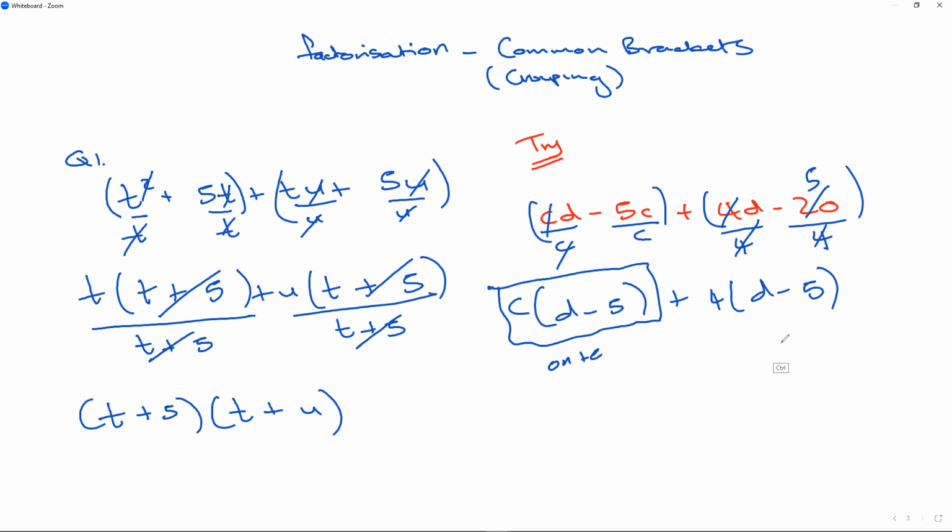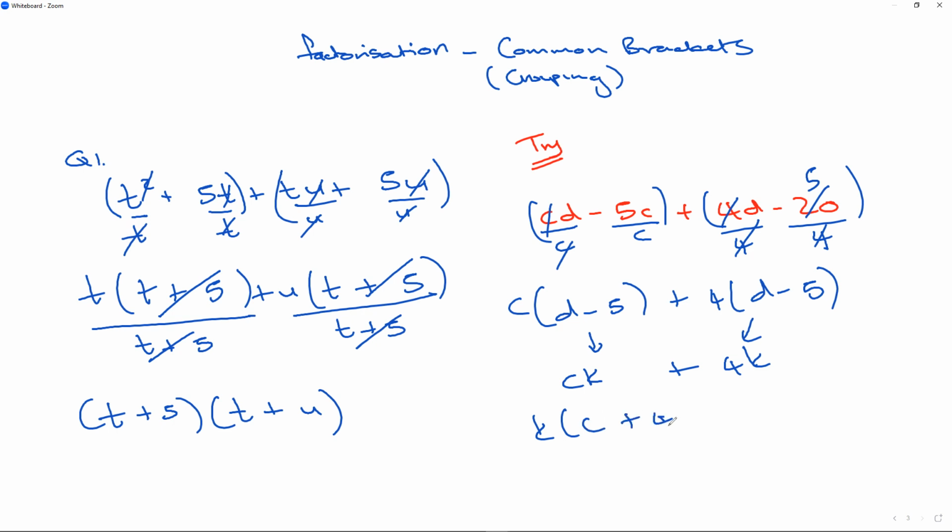Almost like if I replace D minus 5 with the letter K, because it's the same thing, it would be like CK plus 4K. And then I can take out K, I'll be left with C plus 4, if I divided it by K. And then replace K with D minus 5 at the end, and be left with C plus 4.